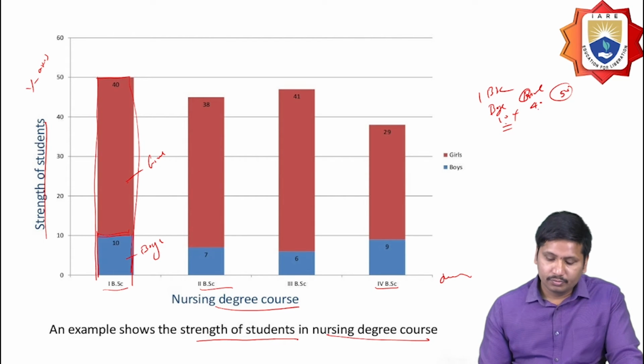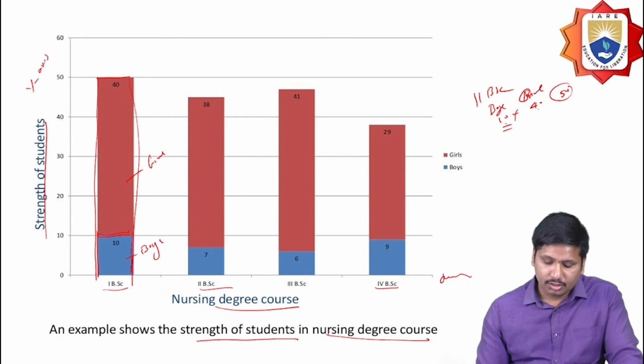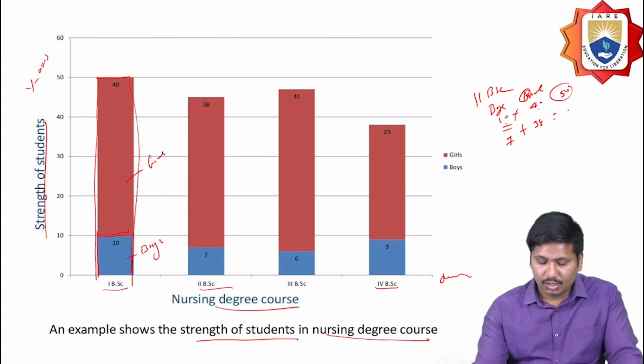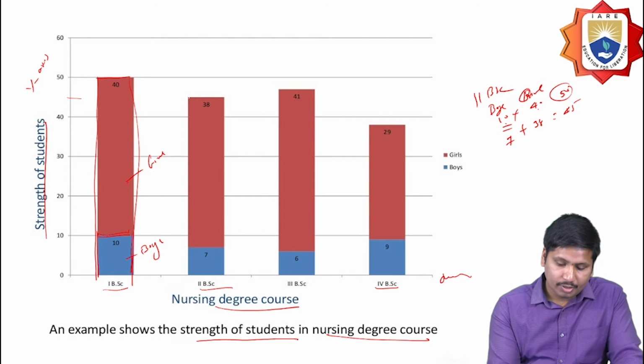Similarly in second BSc, suppose the number of boys is 7 and girls is 38. 7 plus 38 is 45, so I mark a rectangle up to 45.